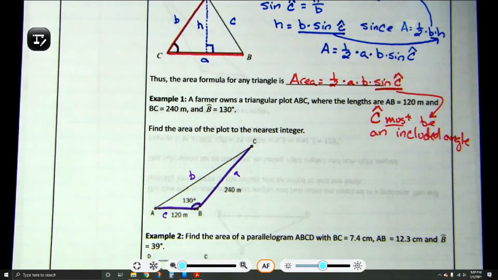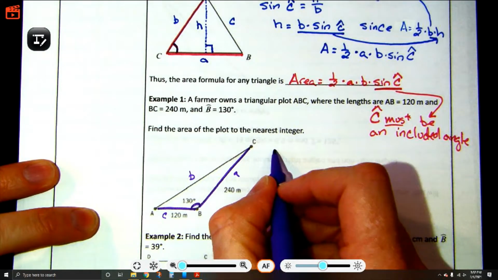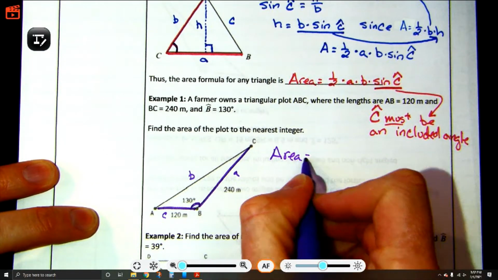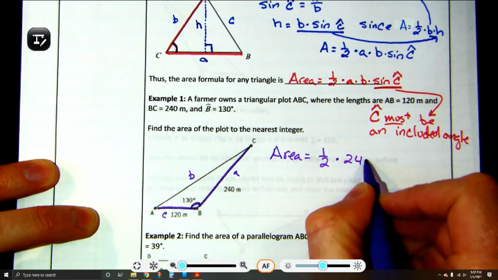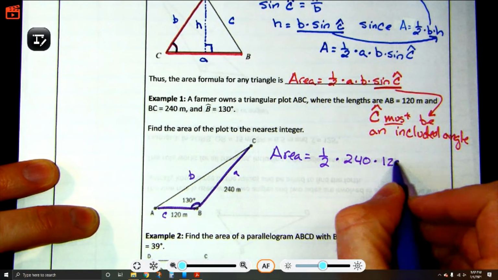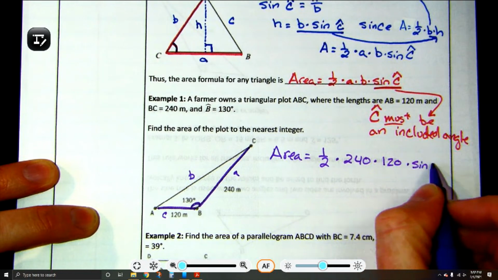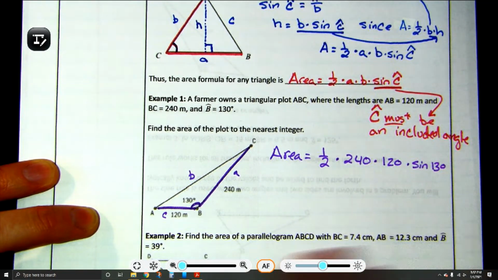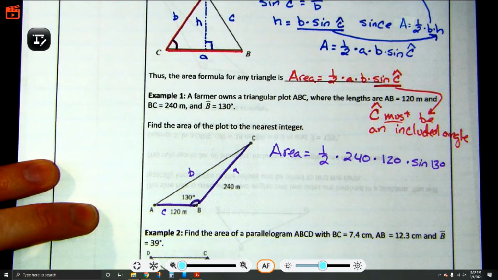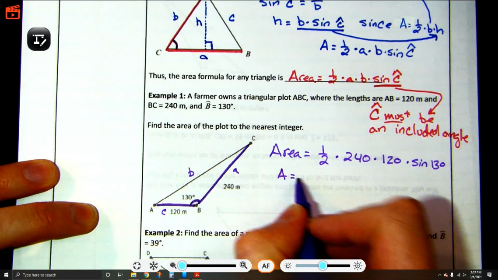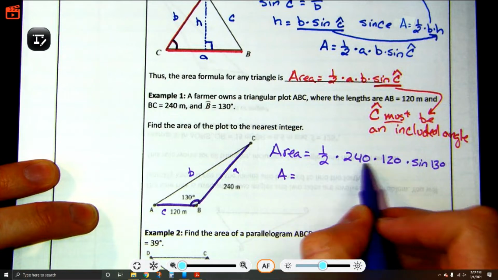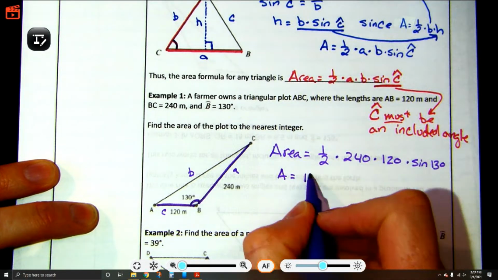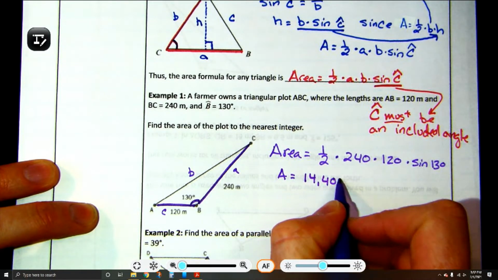So I'm going to do area equals 1/2 times 240 times 120 times the sine of 130. All right. So we can do a little bit of mathematics beforehand. 1/2 times 240 times 120 ends up being 14,400 times the sine of 130 degrees.